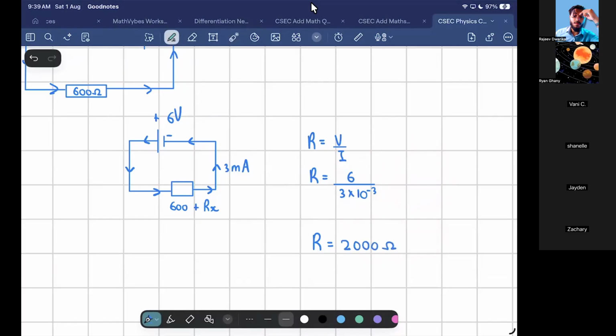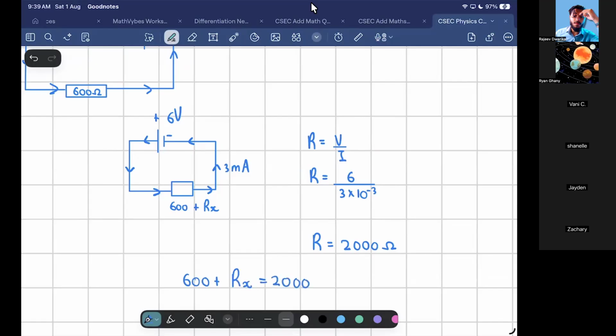Let me see what you're going to do now. Ooh, this is the exciting part. I want to find RX. What to do? So you could do RX plus 600 is equal to 2000. Hey, Fanny, you make me proud. I feel like a proud teacher here.